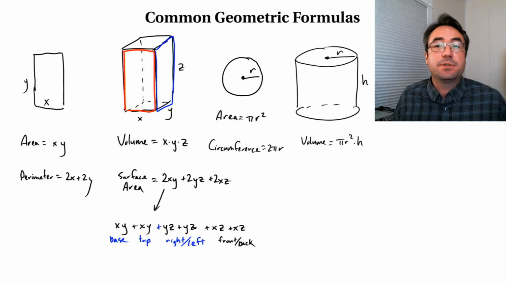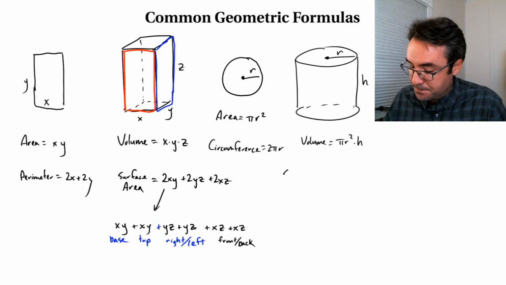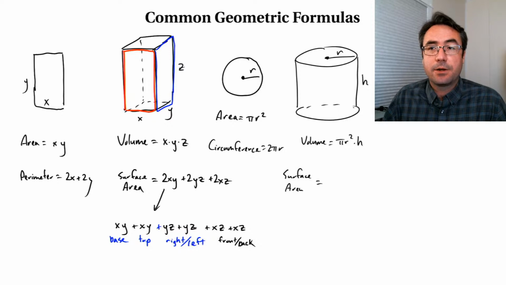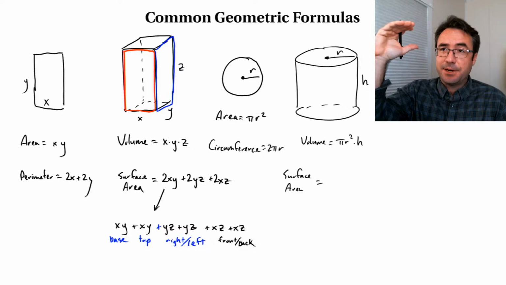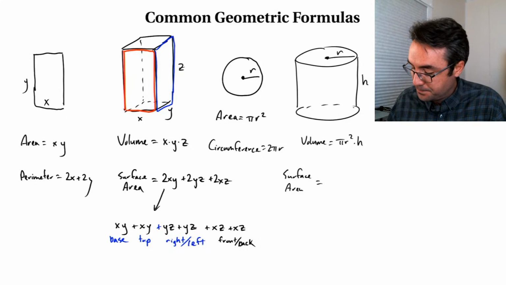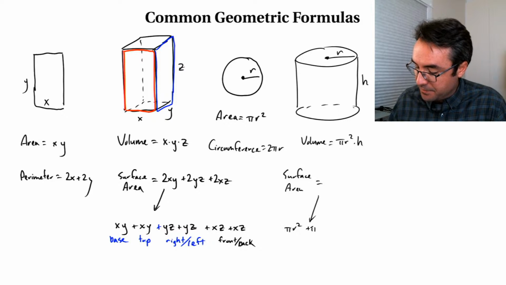And then we might also be interested in the surface area. So kind of go through, what is the area of the base of the cylinder? What is the area of the top? So the area of the base and the area of the top are the same, just the area of a circle.